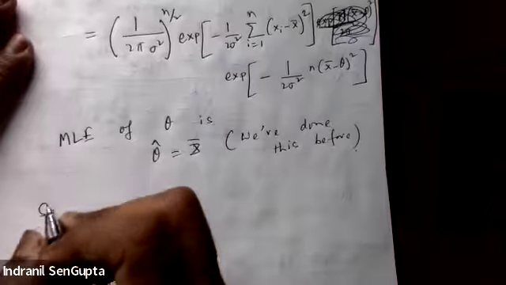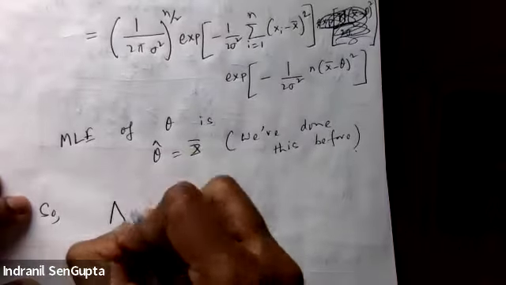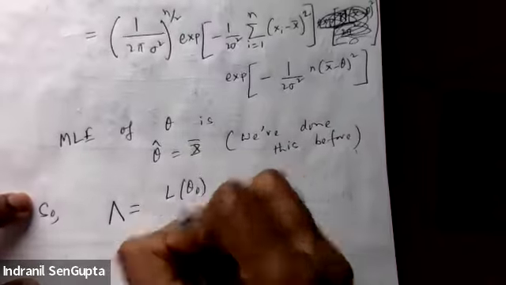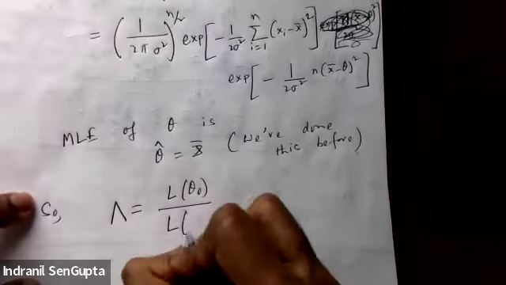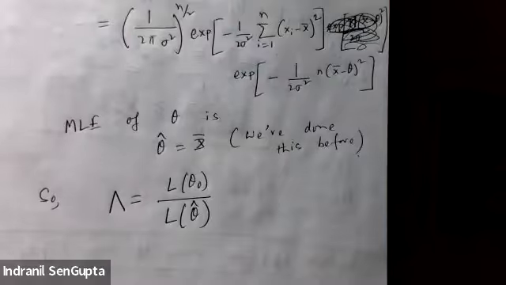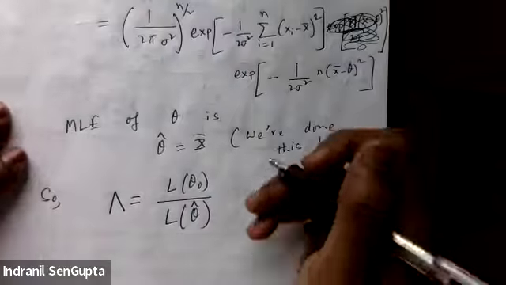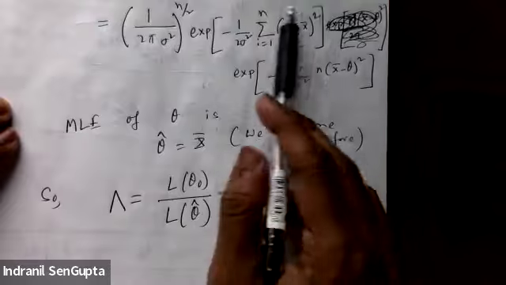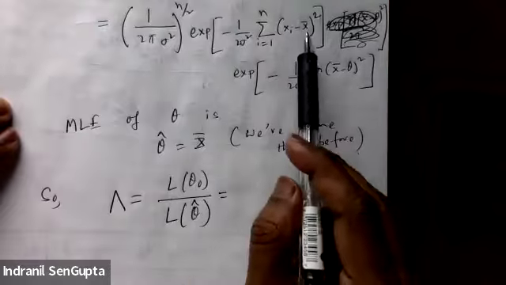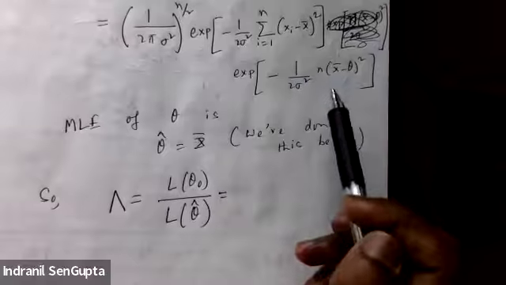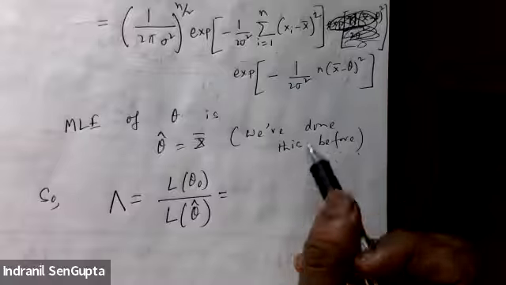So the quantity lambda, which is L of theta 0 over L of theta hat. L of theta 0 is basically the same thing, wherever I see theta, I replace it by theta 0.